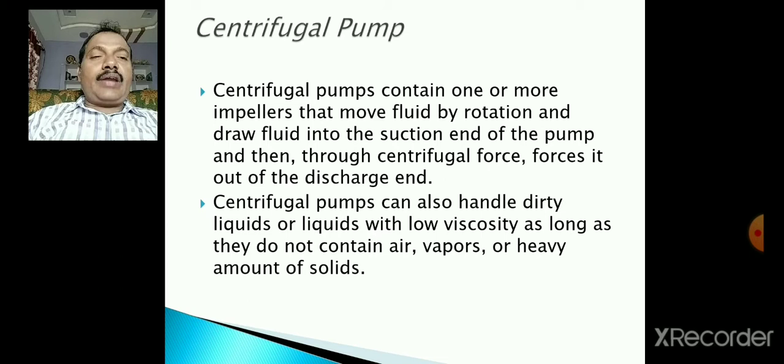Centrifugal pumps can also handle dirty liquids or liquids with low viscosity as long as they do not contain air, vapors or a heavy amount of solids. Centrifugal pumps play an important role because the output streams in the petrochemical plant are pumped to different destinations with the help of centrifugal pumps.